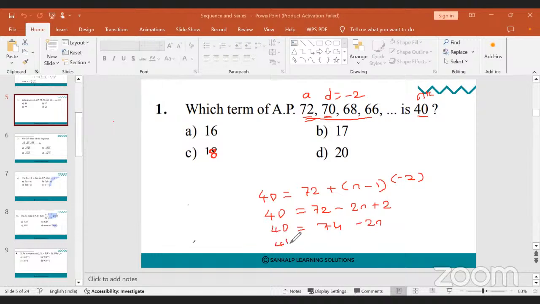So 40 minus 74 is equal to minus 2n. That means minus 34 is minus 2n. So n is, cancelling the negative on both sides, 34 by 2. What is 34 by 2? 17 is the answer. Option B is the correct one. Many of you, Vedavati, Sharath, have given the wrong answer. Please make it correct.